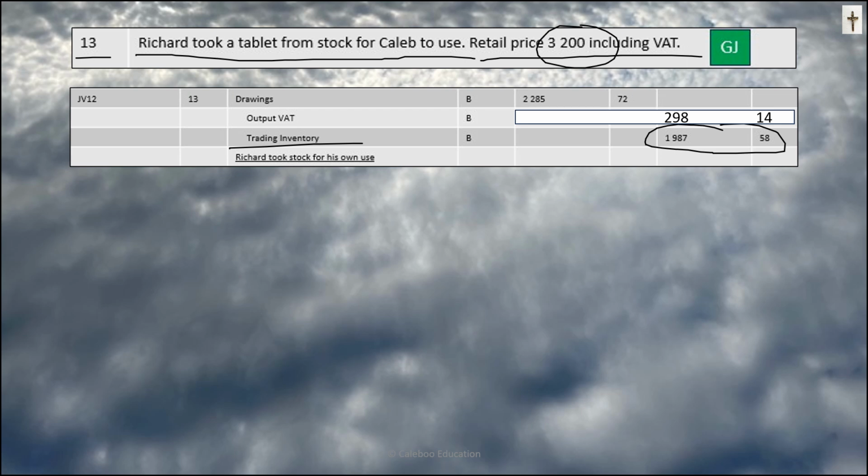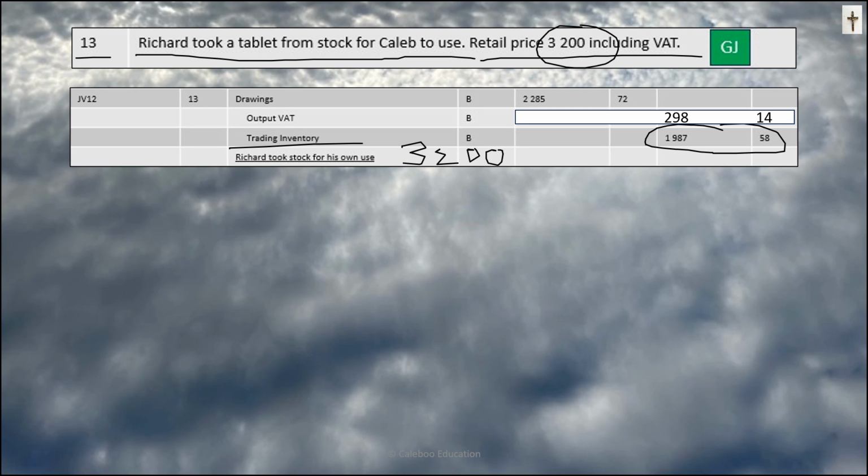And in order to do that, I say 3,200, which is the number that is given to us. It's the selling price including VAT.